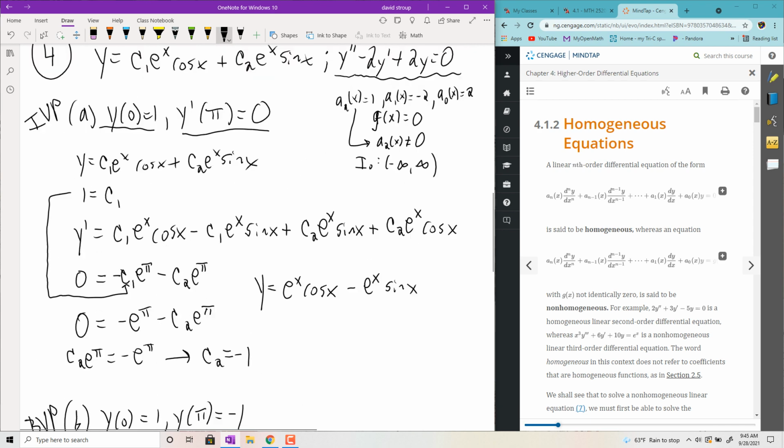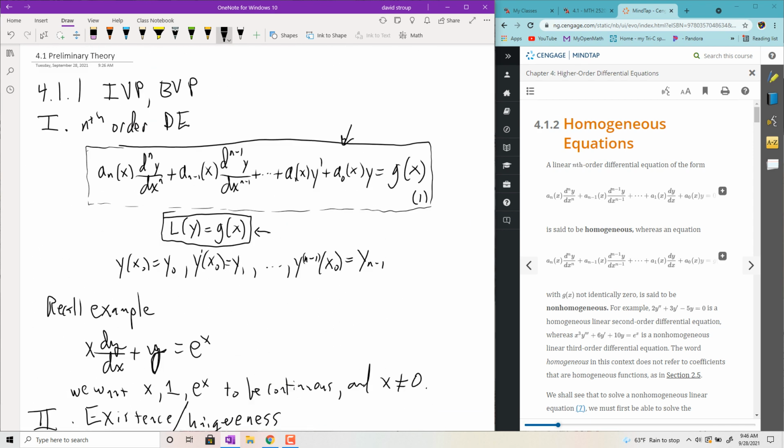The overall idea here is that homogeneous differential equations are equal to 0. So for homogeneous, that g of x thing will just be a 0 on the right. You're going to then be able to solve these differential equations, the ones that have functions on the other side, by solving the homogeneous equations.